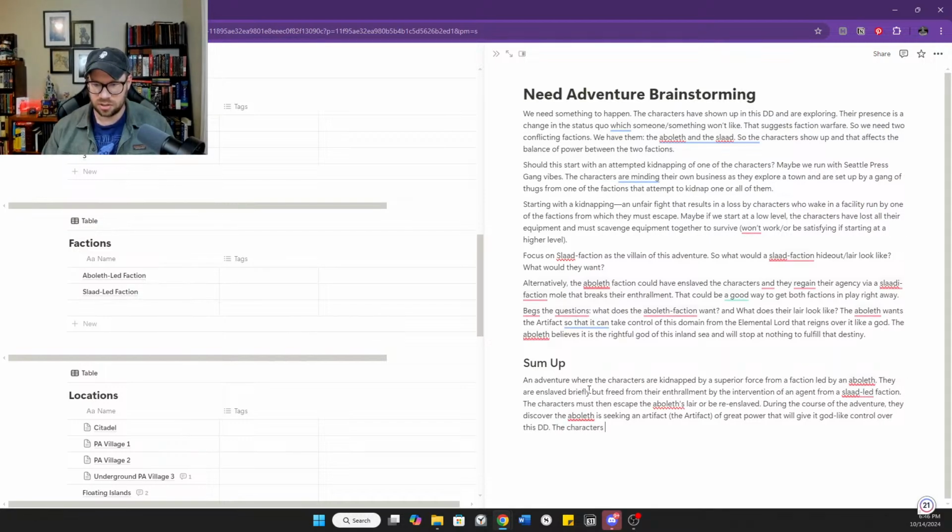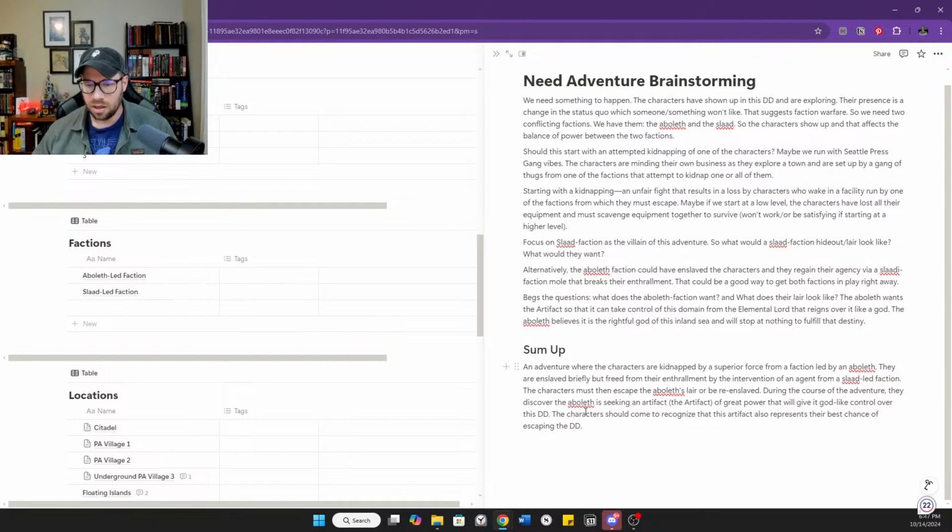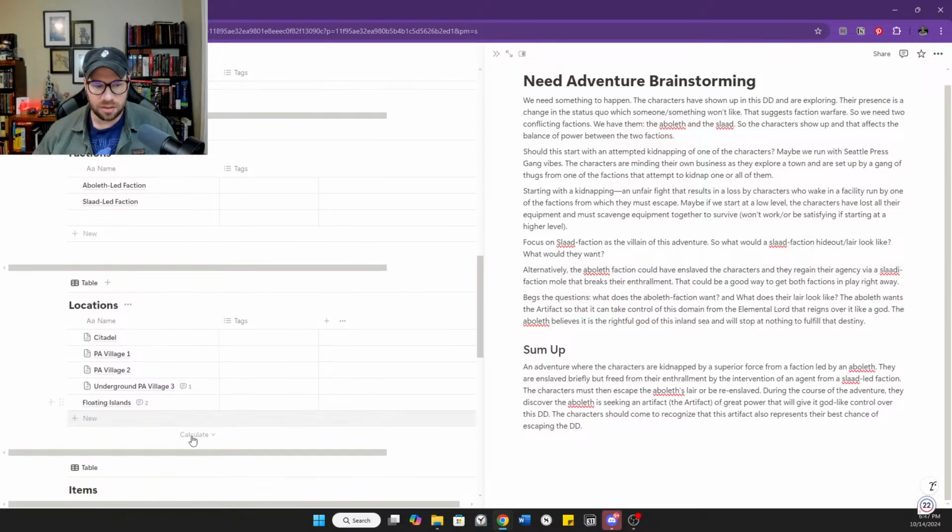The characters should come to recognize that this artifact also represents their best chance of escaping the domain of dread. Cool, the domain of dread. Okay, that's kind of a summary of the ideas we've talked about here so far, so we don't lose that.